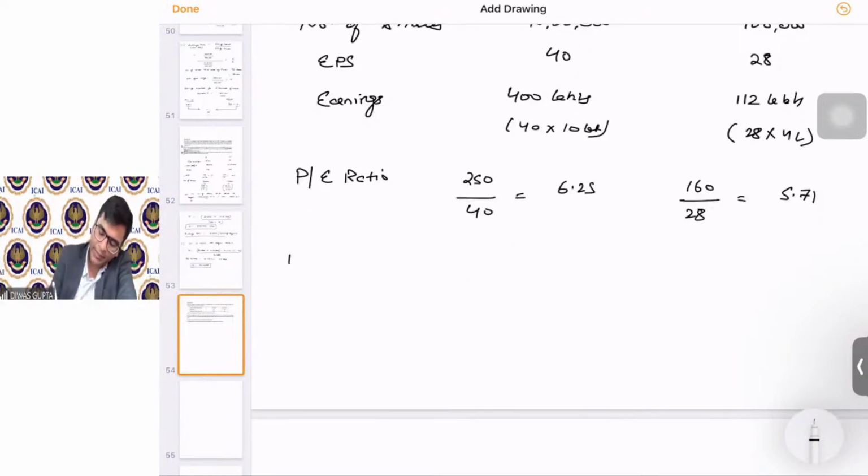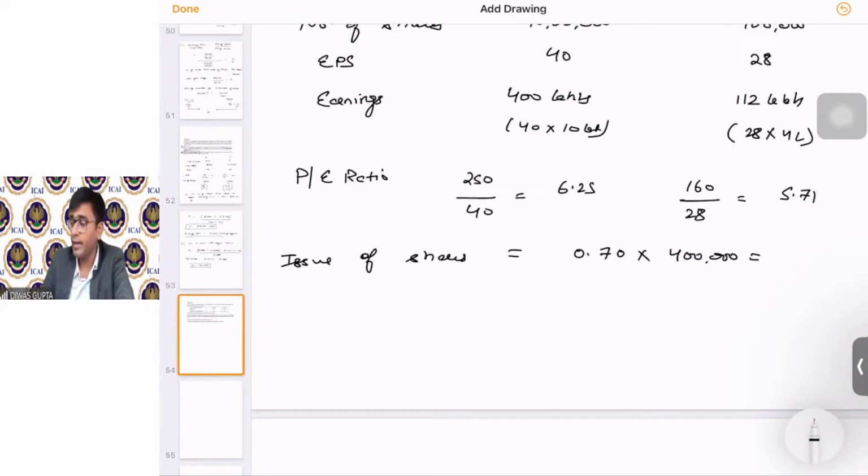Now, since we have the swap ratio already, issue of shares: 0.70 is the swap ratio on 4 lakh shares of the target company. So it comes as 2,80,000.